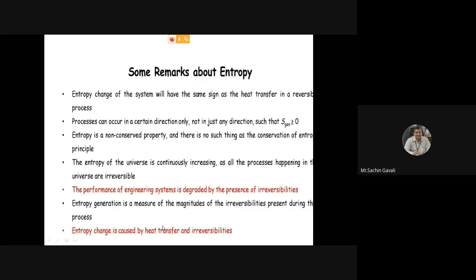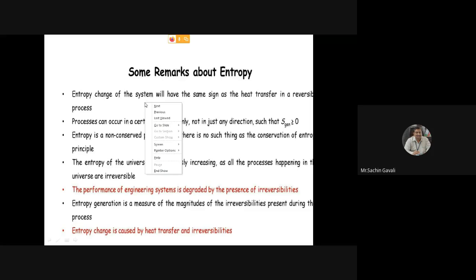Then again we have discussed the remarkable points about entropy, that entropy change will have the same sign as the heat transfer. So if the heat is added, entropy will increase. Here also we have to remember that entropy is a non-conserved property.